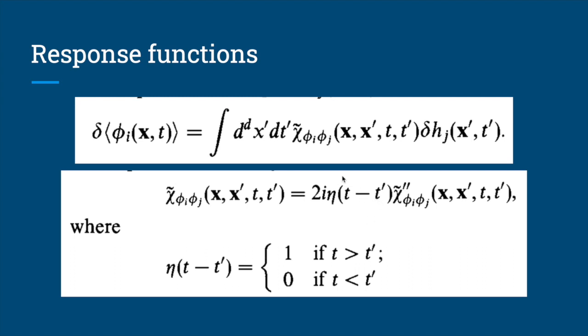If this function was valid for t dash greater than t, it would imply that something in the future is influencing something in the past, which is so far not possible. So we introduce this step function to take care of that. About this chi and chi double dash, we will visit it later in the form of the Fourier transformed equation.